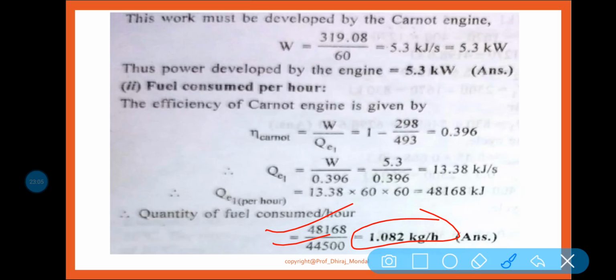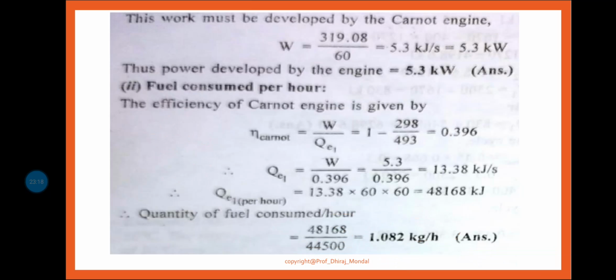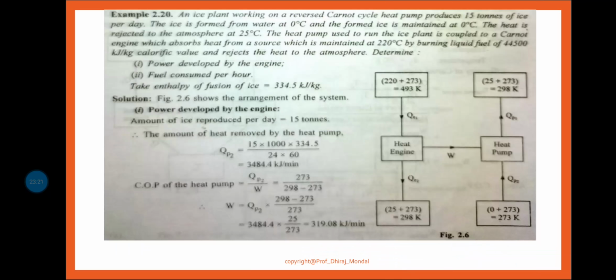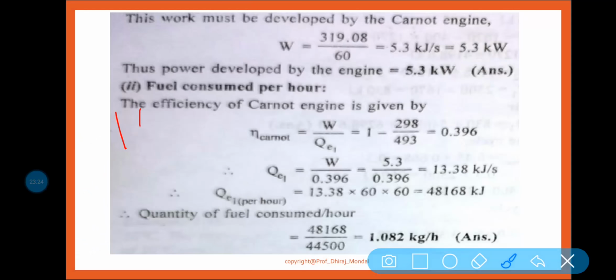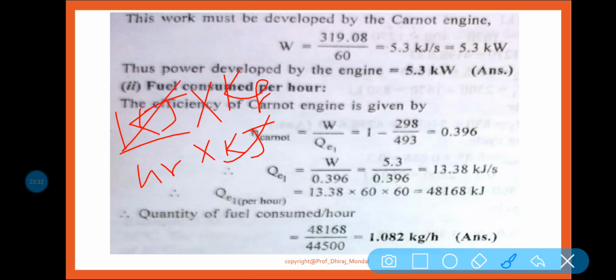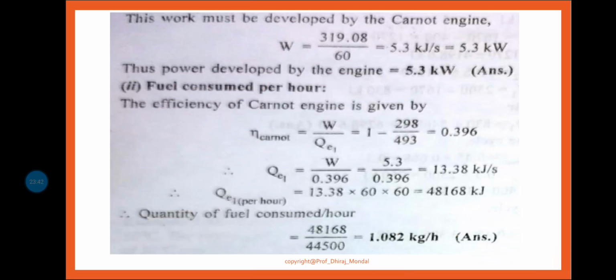Okay, so remember this one is your kilojoule per hour, and this one is your in kilojoule per kg. So kilojoule cancel out, kg per hour. So this is your consumption of fuel. This amount of fuel per hour is needed to run that particular heat pump.